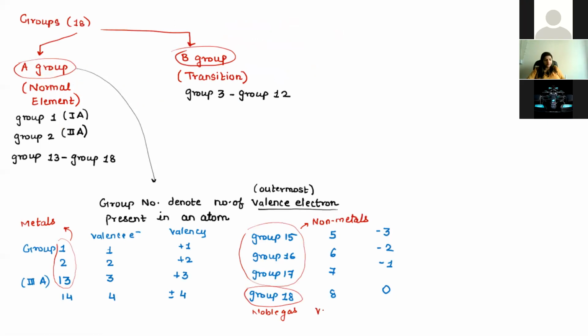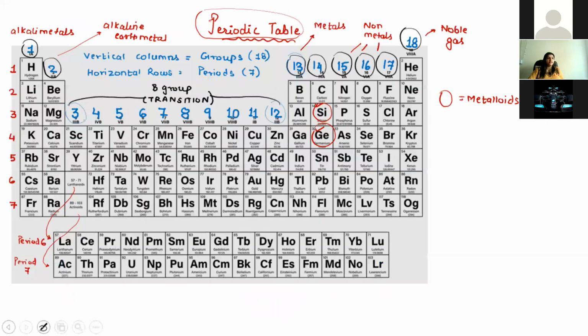Please copy down this if you want. Is group 14 metals or non-metals?